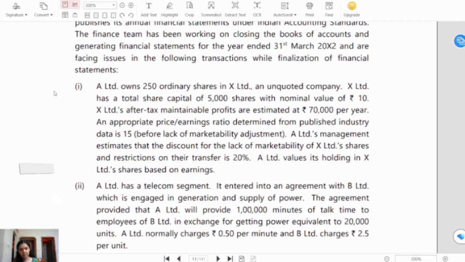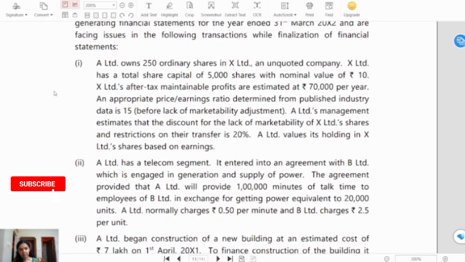Issue number 1. A Limited owns 250 ordinary shares in X Limited, an unquoted company. X Limited has a total share capital of 5,000 shares with nominal value of rupees 10. X Limited's after tax maintainable profits are estimated at rupees 70,000 per year.